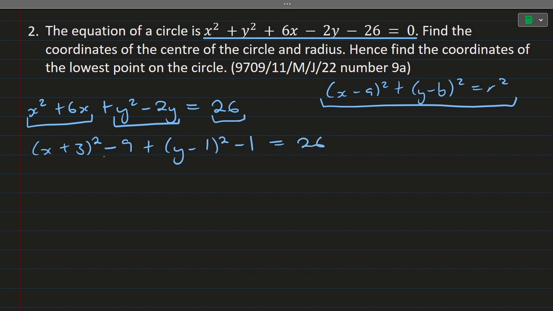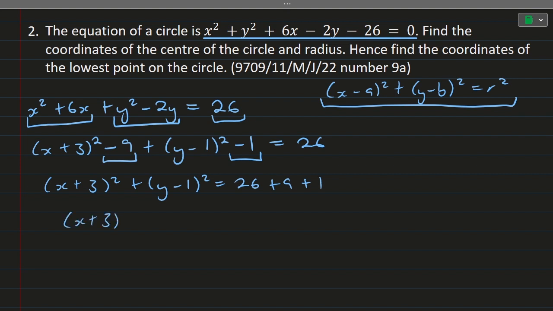And now let's move all the constants, -9 and -1, to the right hand side. So it becomes (x + 3)² + (y - 1)² = 26 + 9 + 1, which simplifies to give (x + 3)² + (y - 1)² = 36.